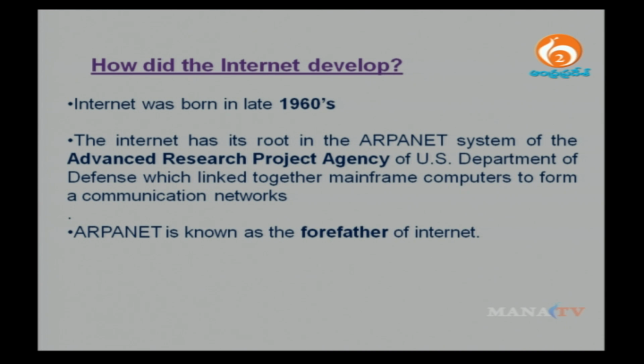Internet is nothing but a communication network which bridges the gap between the customer and the provider, internet service provider, so that we can get the information at our fingertips within a short span of time. So, ARPANET is known as the forefather of Internet.